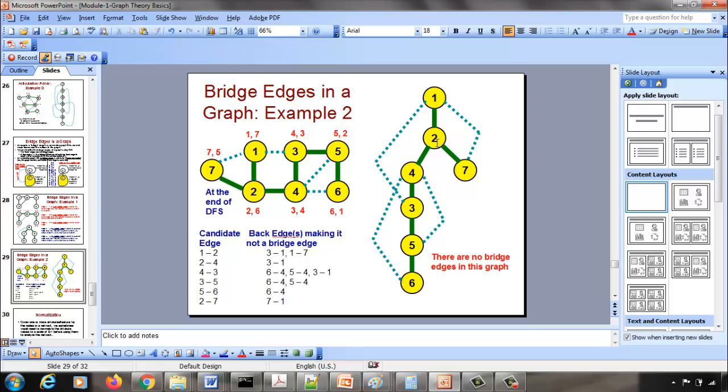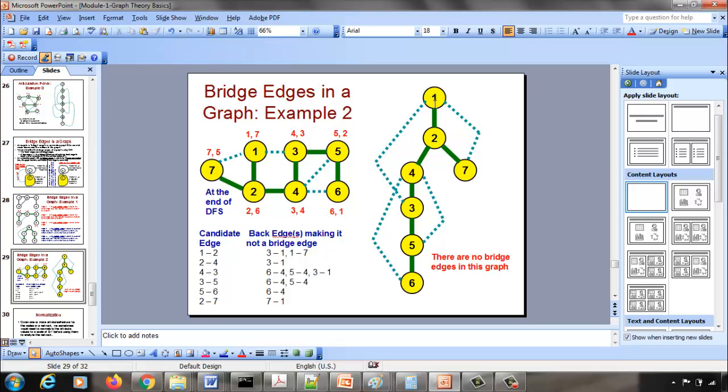Now for the tree edges, 2, 7, you see this is a subtree involving 7, and 2 is closer to the root, so that's the upstream node, and 7 is the downstream node. Now from this subtree there is a back edge that goes above 2, so that's not a bridge edge.